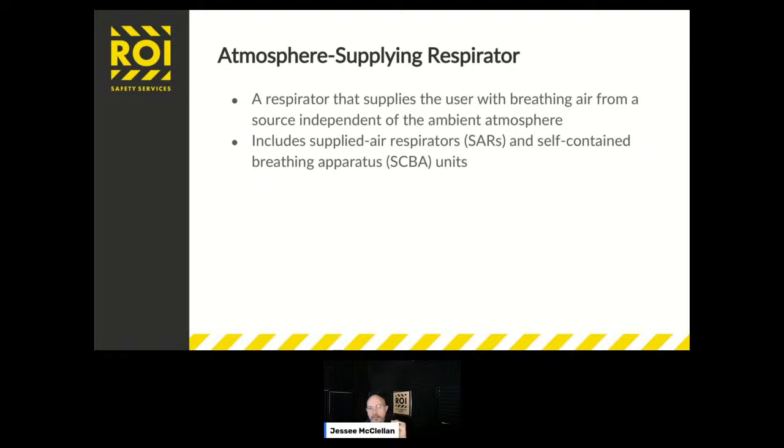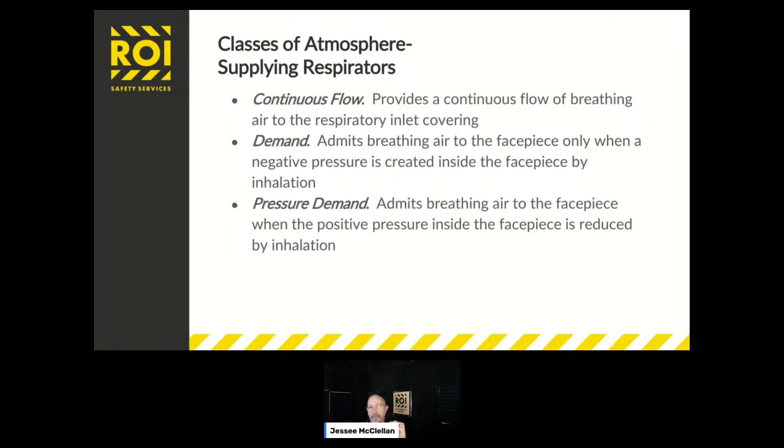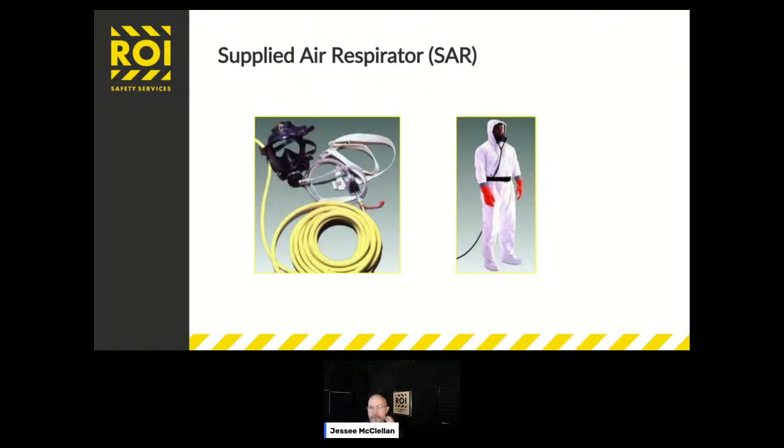This is ideal, but it comes with a big responsibility in carrying around the tank or having a hose attached to your system. It does give you continuous airflow, on demand or pressure demand, so there are some difficulties getting used to that. And of course, you have to carry this hose everywhere you go.